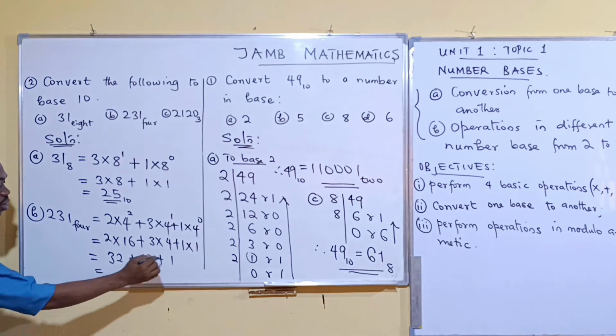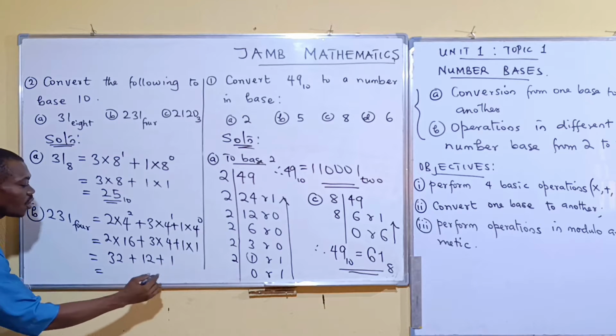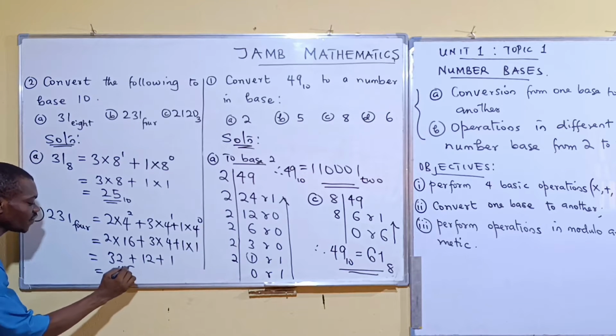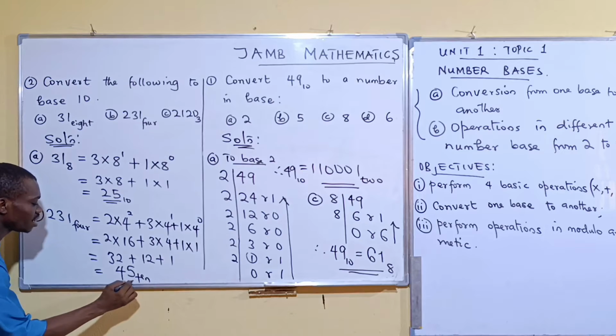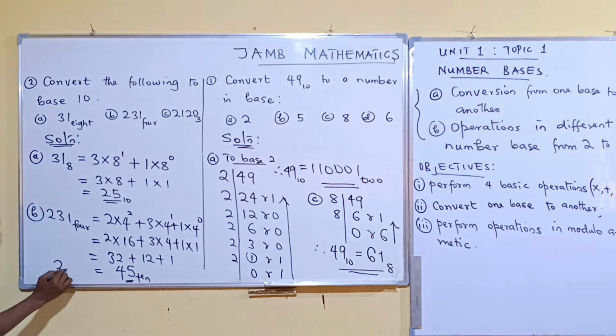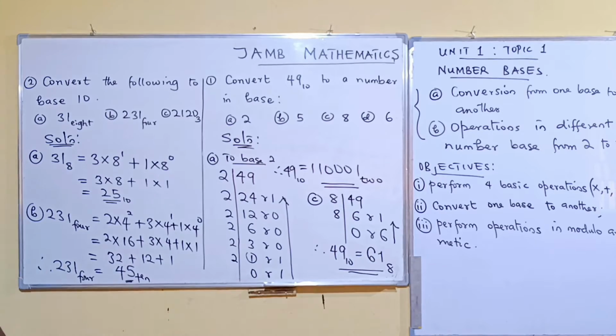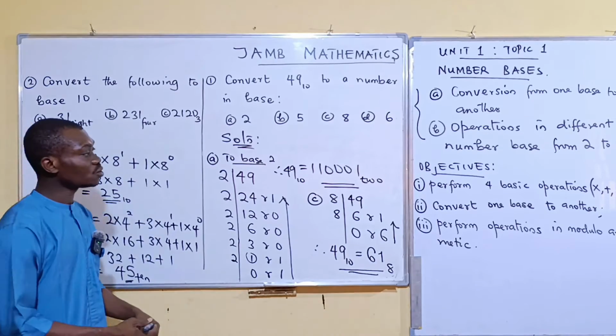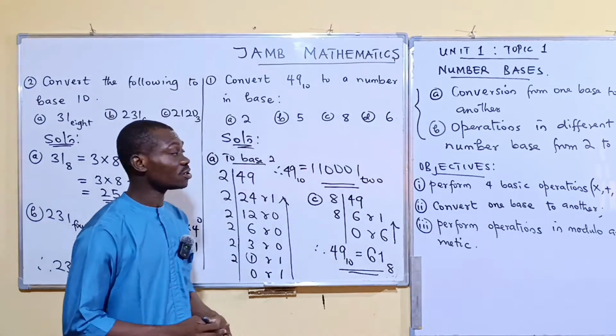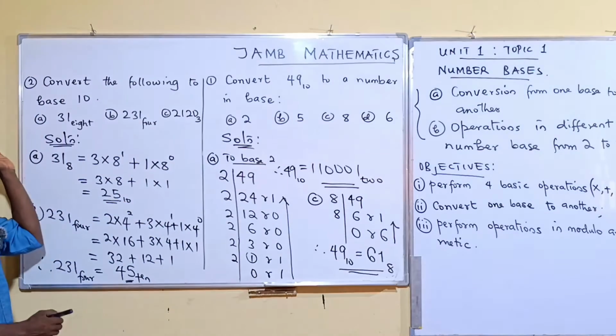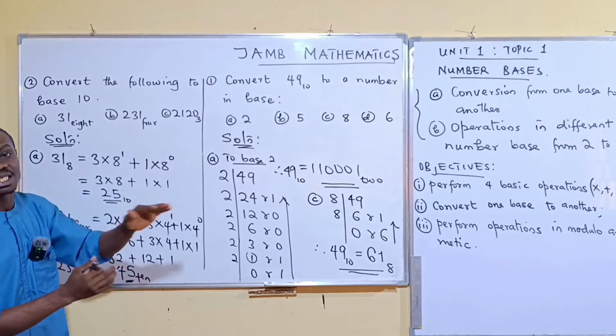And by the time we sum all of this, this will give us 45 in base 10 as the value of 231 in base 4. Okay, so that's exactly how to go about conversion from different bases back to base 10.